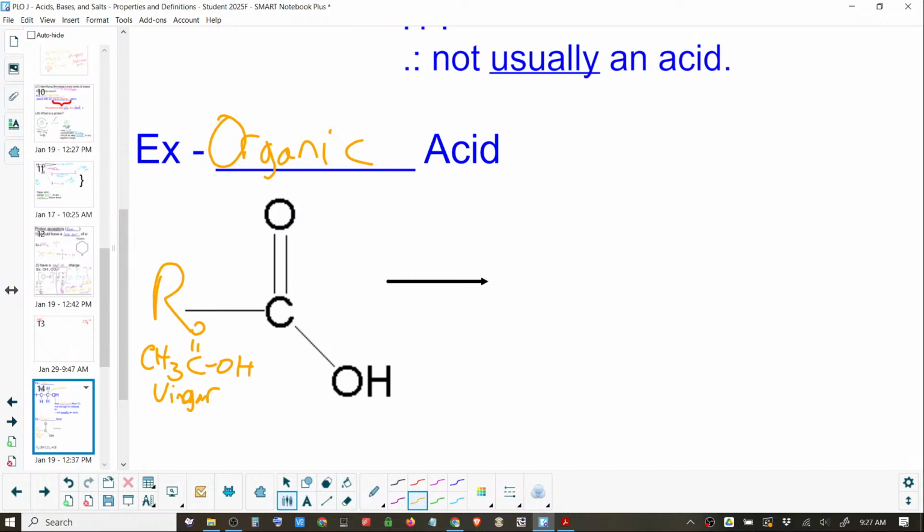What this does is, oxygen is electronegative, and it pulls electrons, and that actually pulls electrons away from the carbon.